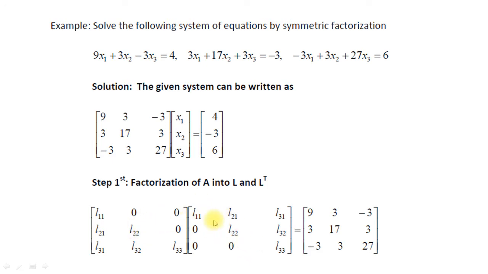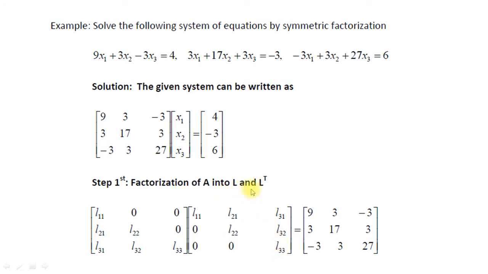But in this case we put the diagonal entries of the lower triangular matrix as unknowns, and the same entries lie on the diagonal of the upper triangular matrix, like L11, L22 and L33.